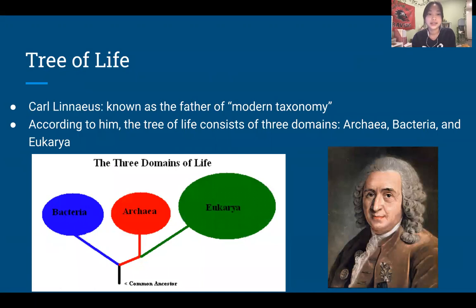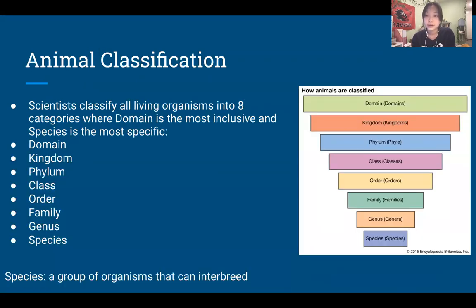So Carl Linnaeus is known as the father of modern taxonomy, and he categorized the three main domains of all life, which are archaea, bacteria, and eukarya. So now we're going into modern day taxonomy, in which scientists classify all living organisms into 8 categories, where domain is the most inclusive and least specific, and species is the most specific and least inclusive.